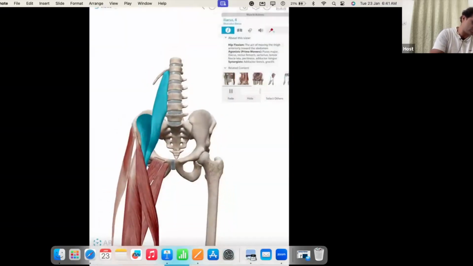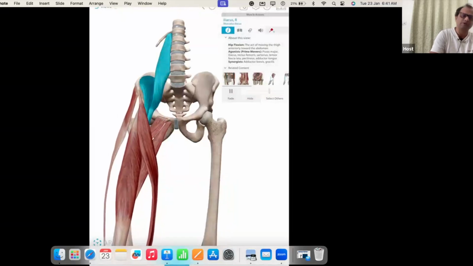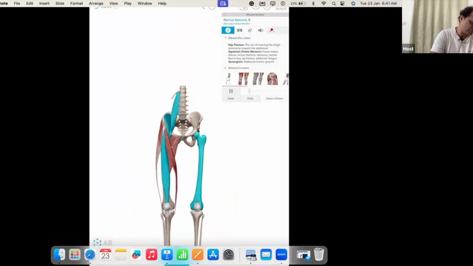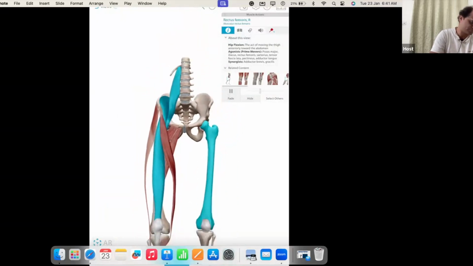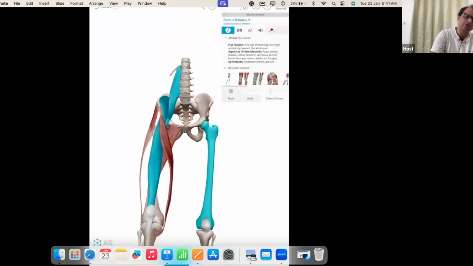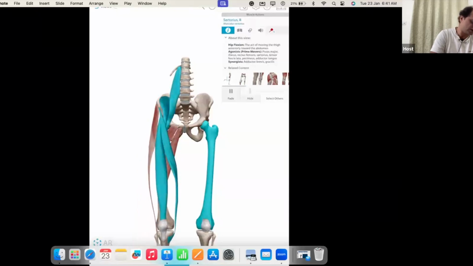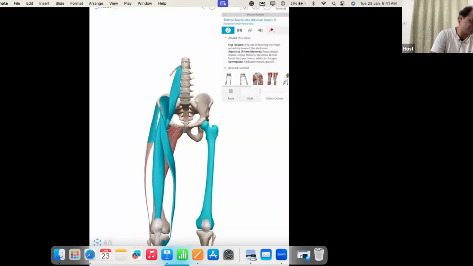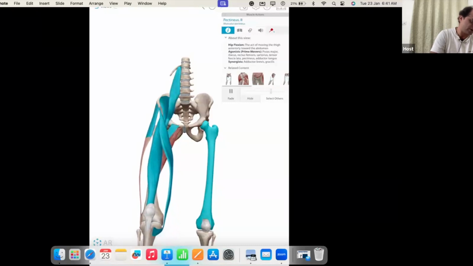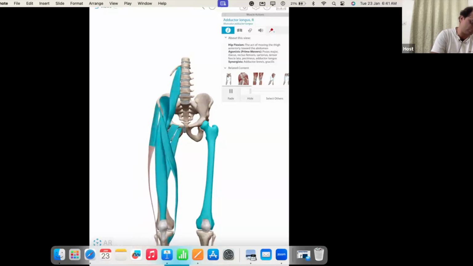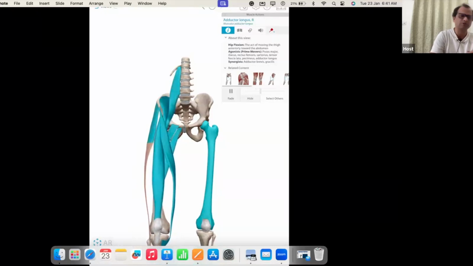There are other muscles also, but this is the main muscle. Other muscles we can also see, like the rectus femoris. Other muscles also doing this movement, like the sartorius, tensor fascia lata, pectineus, and adductor. Long words, just remember one muscle or maximum two muscles.